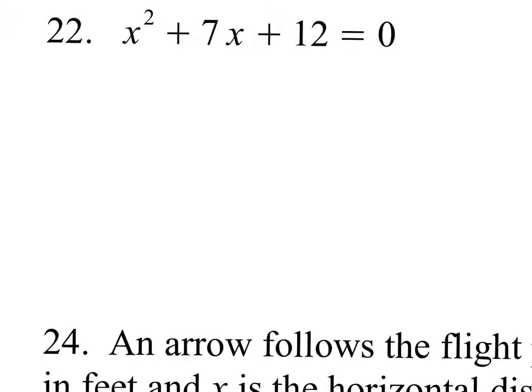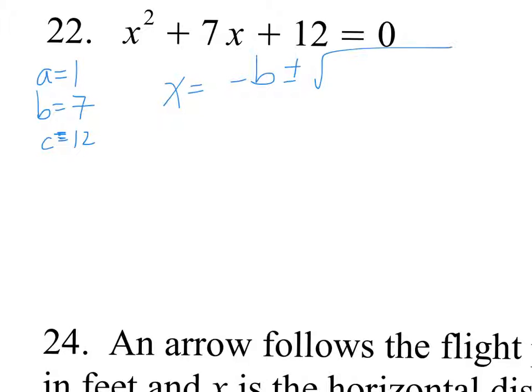Final one, solving problem 22 by the quadratic formula. So we already know A, B, and C: 1, 7, and 12. And so our formula is the opposite of b plus or minus the square root of b squared minus 4ac, all divided by 2a.